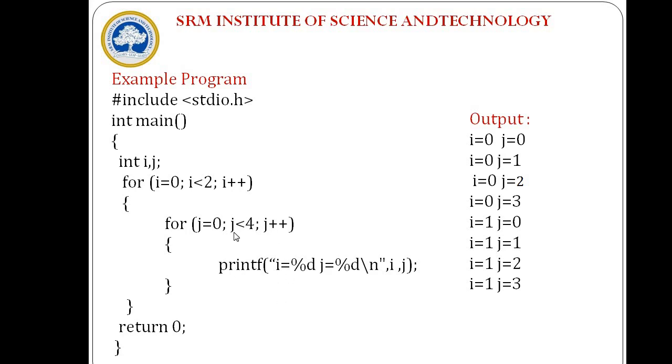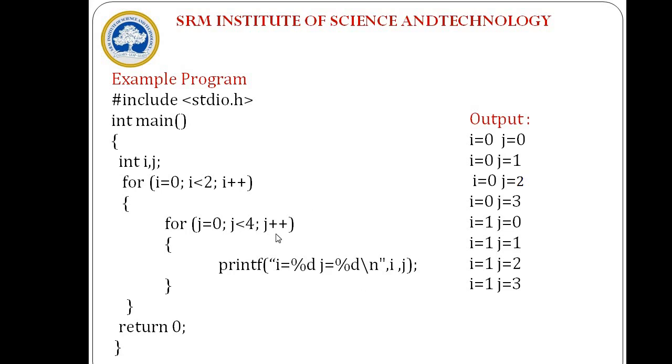Only if the condition fails will it go and update the outer loop control variable. So i is 0, j is equal to 1, which is printed on your output screen.